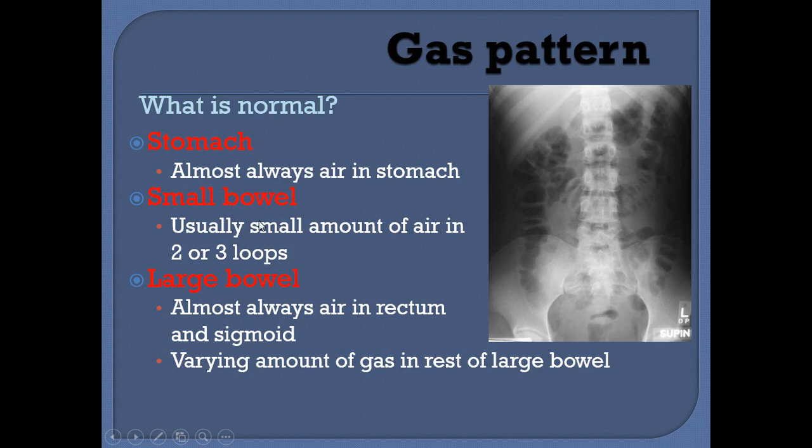Then small bowel pattern, which is usually in the center of the abdomen, maximally 2 to 3 loops, and the large bowel, which is always in the rectum or sigmoid, and sometimes if the bowel preparation is good, you can visualize it in the periphery of the abdomen. This is descending colon, this is ascending colon, and this is the transverse colon.